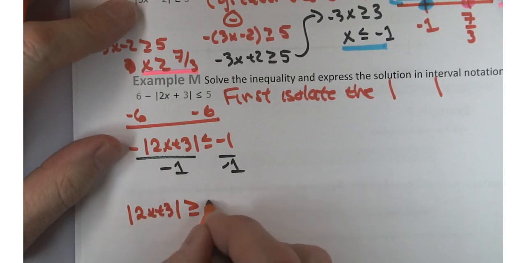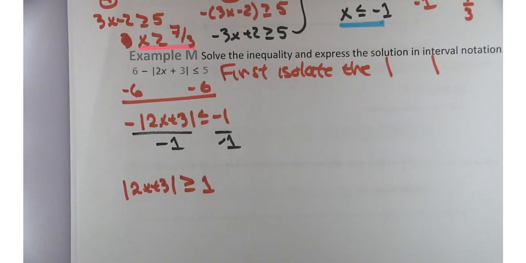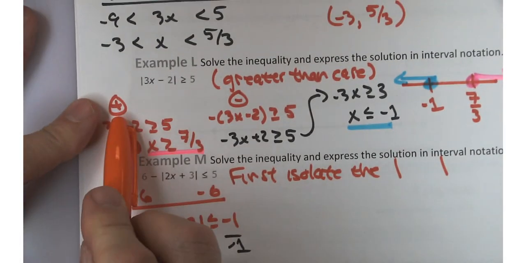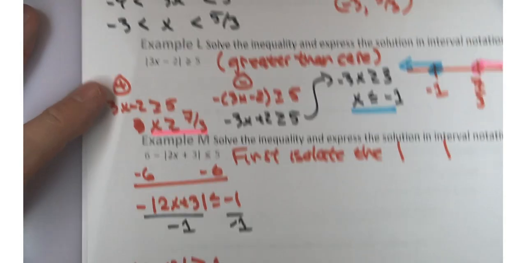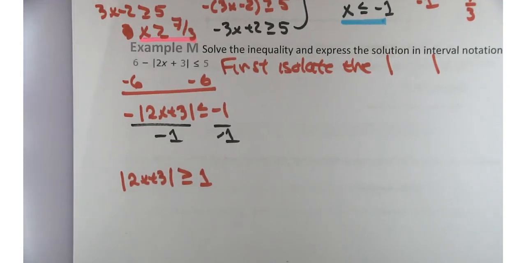That's going to be greater than or equal to 1. This is your greater than case. So you're going to have to set up a positive case and a negative case like we did up here in order to solve. So I'll leave you to finish that a little bit later. And like I said, I hope that we'll get a chance to do that.